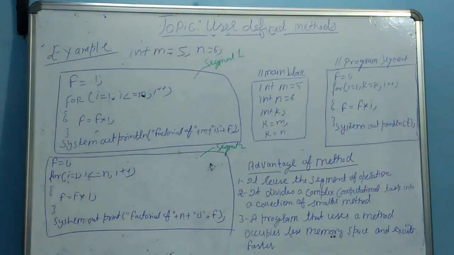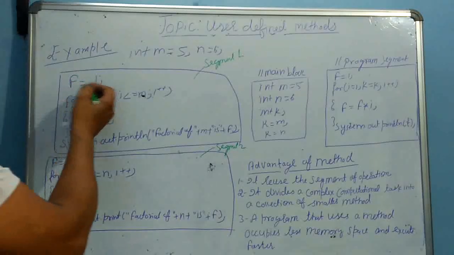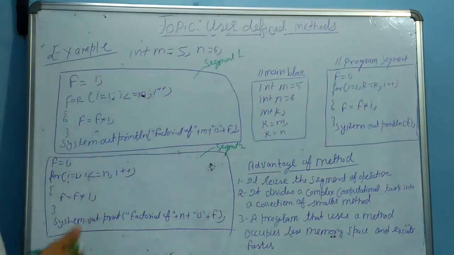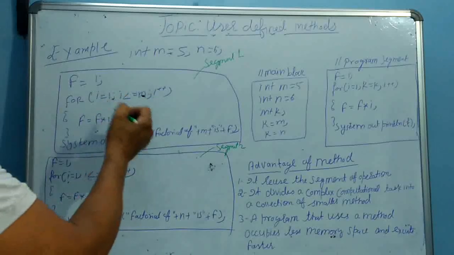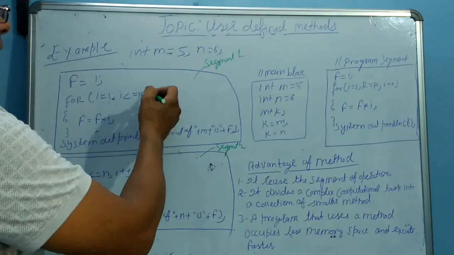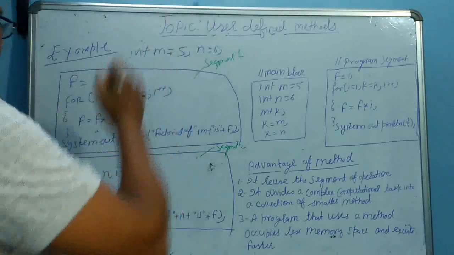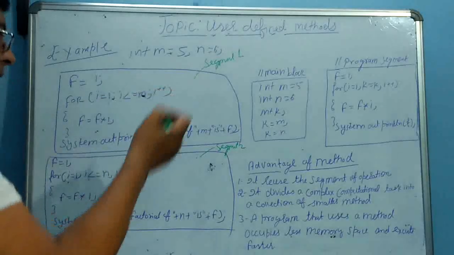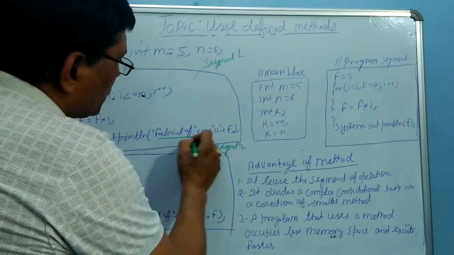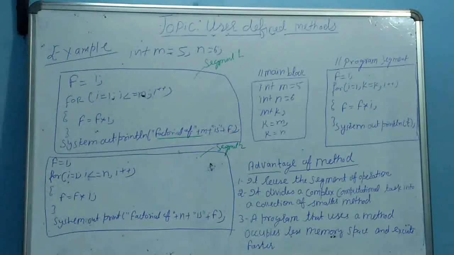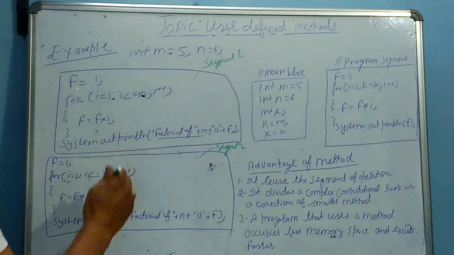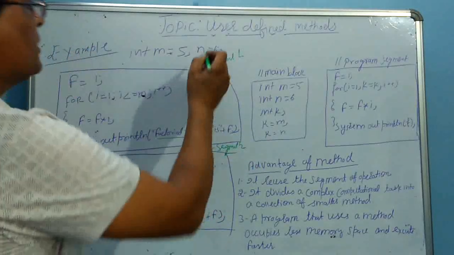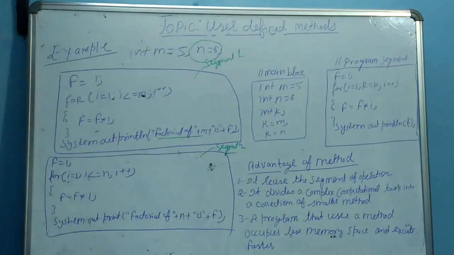So then how will you use the logic? So f is equal to 1, for i is equal to 1 and i is less than or equal to m, semicolon, then i increase, then f is equal to f multiply i, and then we will print the factorial of the m. And then in the second segment we will calculate the factorial of the n.